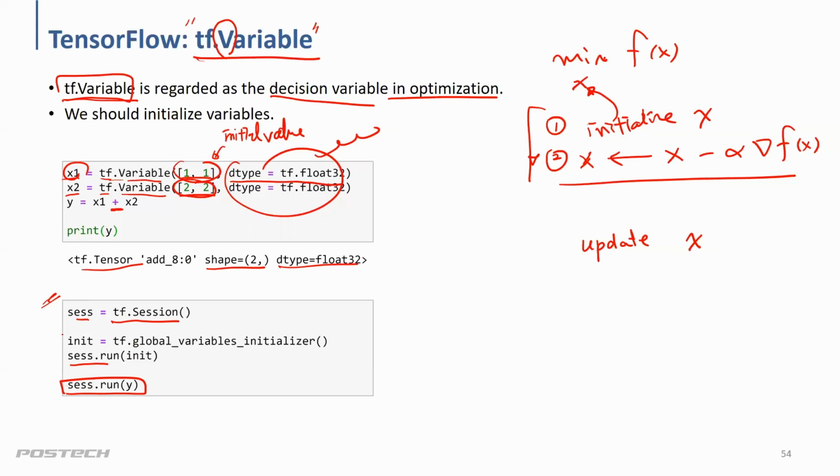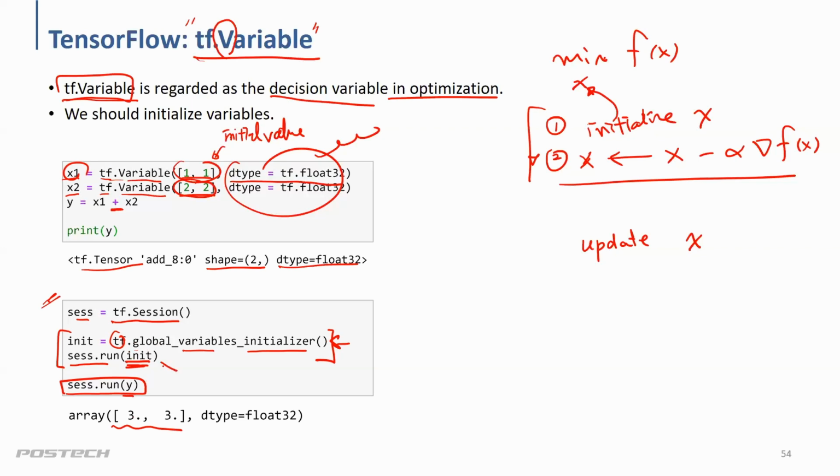But these are the steps required for tf.Variable because we need to initialize. So tf.global_variables_initializer means that inside this program, look for all the tf.Variables and initialize them at once. So here we initialize and we run it, and then we will get these values.